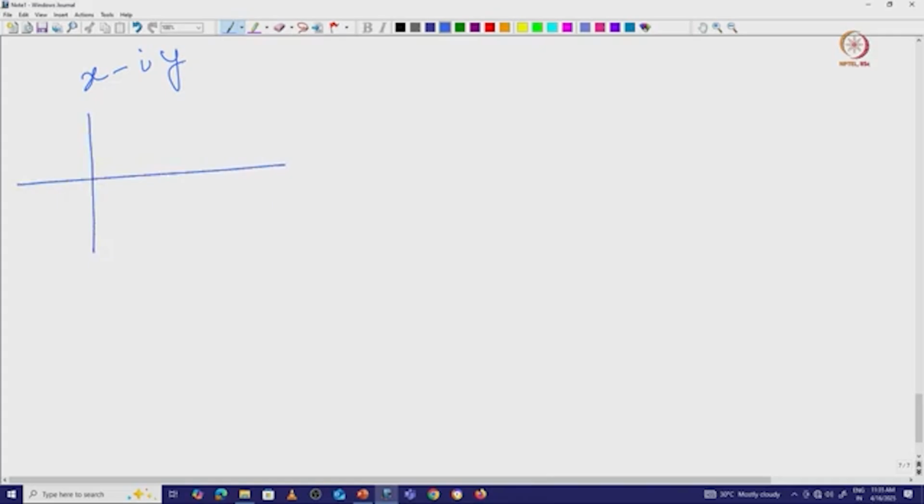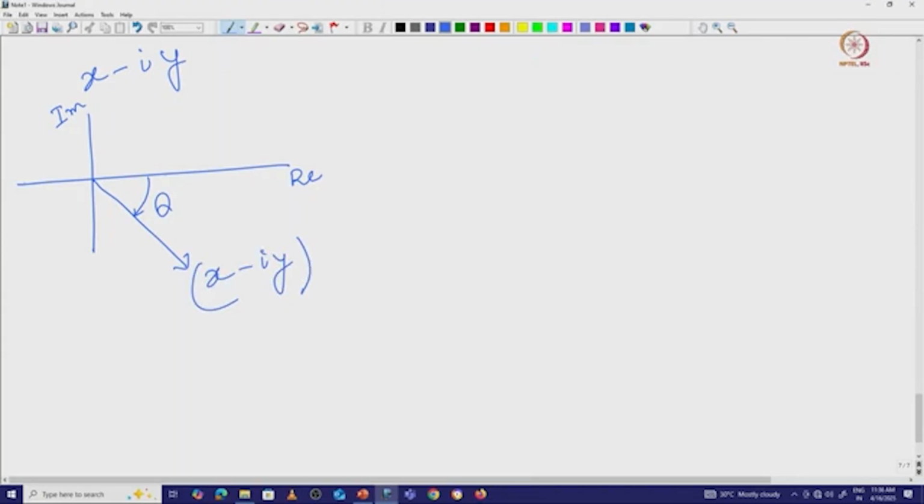Again, it will be better to draw this coordinate. This will be our imaginary line and this will be our real. Now it is coming on the negative side, so our vector diagram will come like that. This will be our theta and this will be our x minus iy.